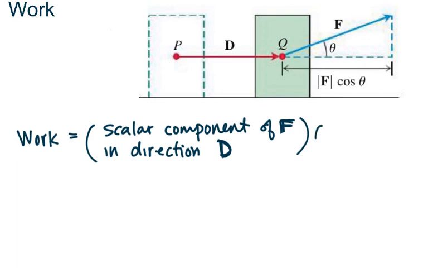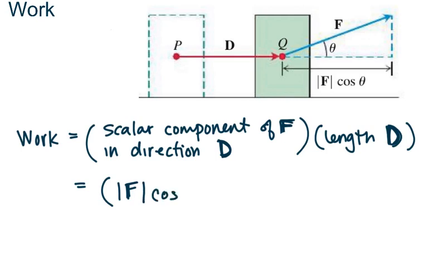So we have that times the length of vector D. So that scalar is calculated by the magnitude of vector F times cosine of that angle theta, times then the magnitude of vector D, which simplifies to vector F dot vector D. So work, instead of being force times distance, is going to be the force vector dot the displacement vector or the direction vector.